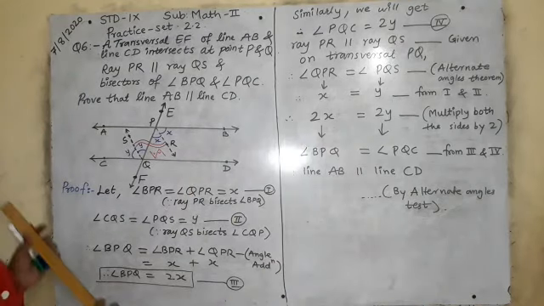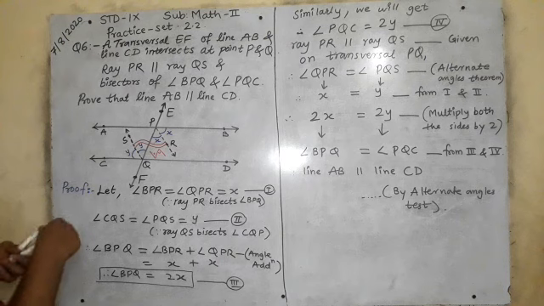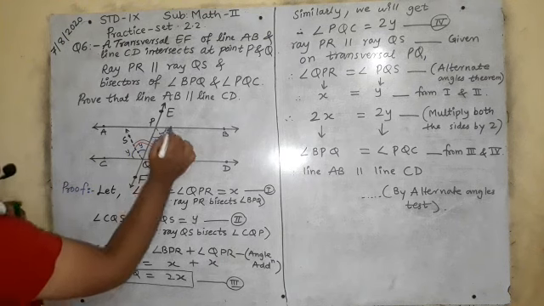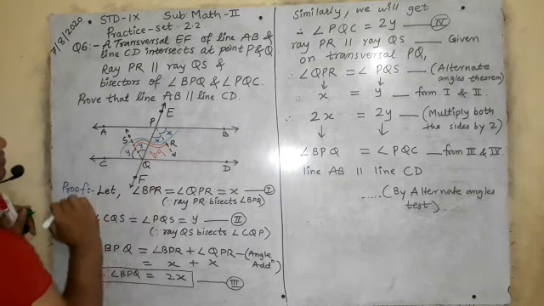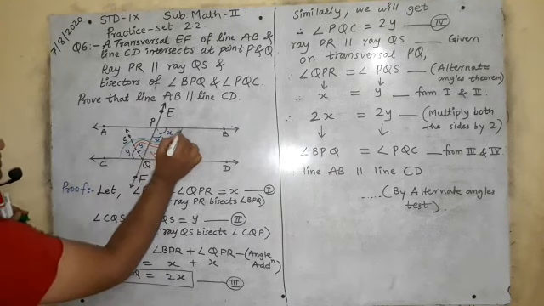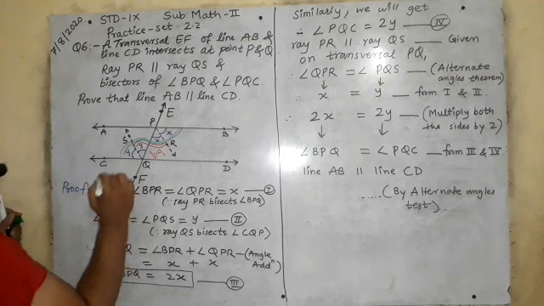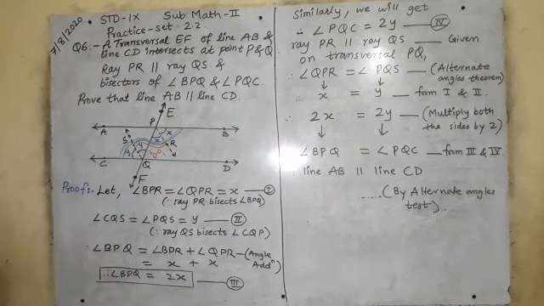Therefore, I will write now this angle. Please pay attention towards the board. So this angle, see this and this. Okay, यहाँ से यहाँ तक. It is also alternate angle test. Can you see?